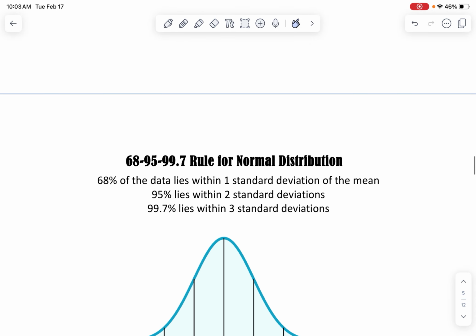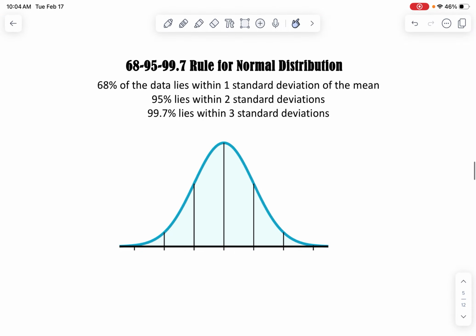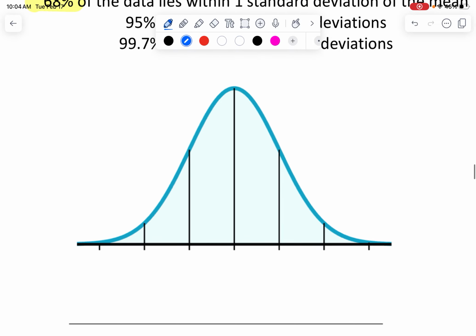Okay, what is true about this normal distribution is really something called the 68, 95, and 99.7 rule. And what that means is 68% of the data lies within one standard deviation. So I'm going to fill this out here a little bit.